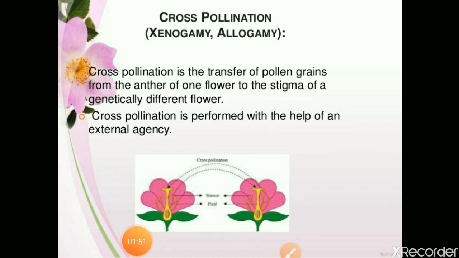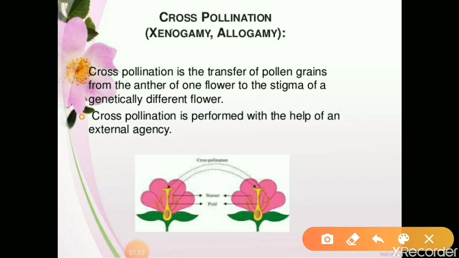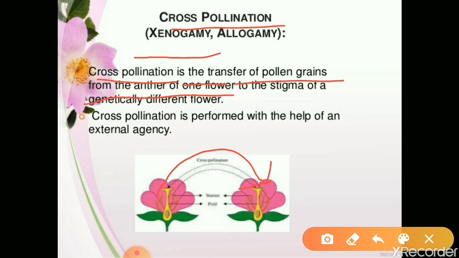Next we can learn about cross-pollination, otherwise called xenogamy or allogamy. Cross-pollination is the transfer of pollen grains from the anther of one flower to the stigma of a genetically different flower.